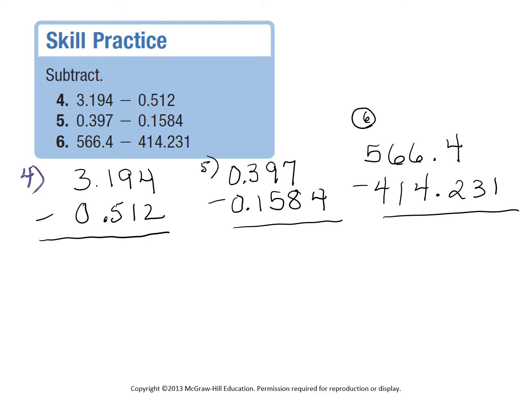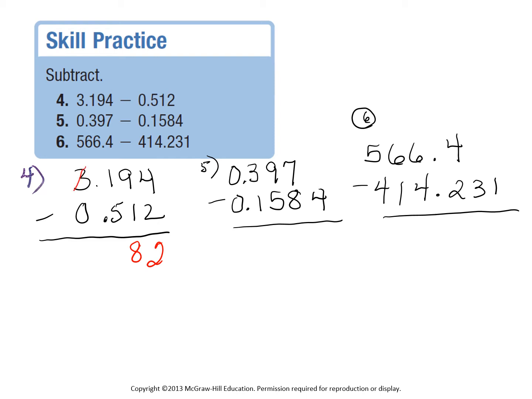Okay, and now I'm going to subtract. So again, I'll line them up vertically, and I'll put some zeros in where necessary, and here I'll be doing some borrowing likely. So 4 minus 2 is 2, 9 minus 1 is 8. And I have to borrow because I can't do 1 minus 5.